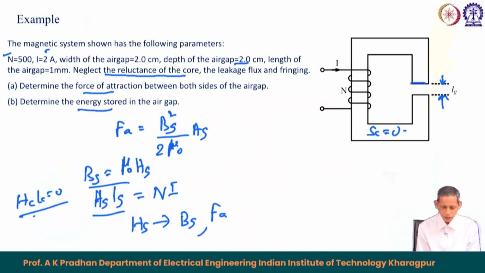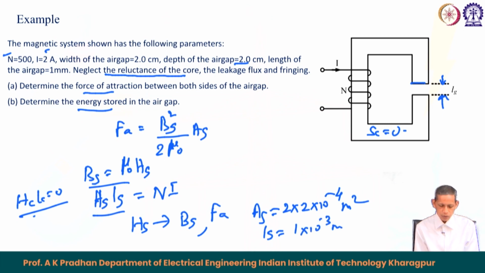the corresponding Fa equals Bg squared upon 2 mu naught Ag, and Ag is here the area of the cross section of this. So, Ag equals 2 cross 2 into 10 to the power minus 4 meter square, and Lg is given to be 1 into 10 to the power minus 3 meter.